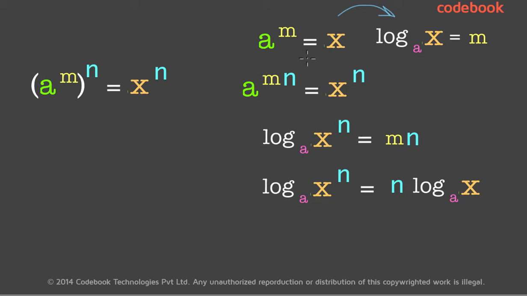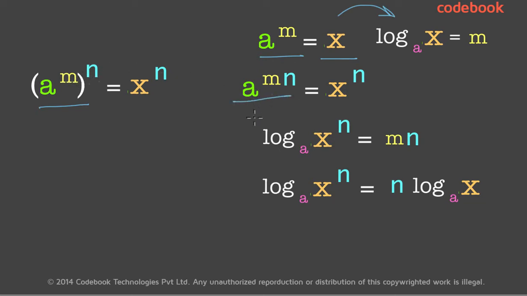Now let's raise the left hand side and right hand side to the power of n. So a power m whole power n is equal to x power n. We are raising both left hand side and right hand side by n. If you remember the law of powers in exponents, a power m whole power n is equal to a power mn, where we take the product of the two powers.